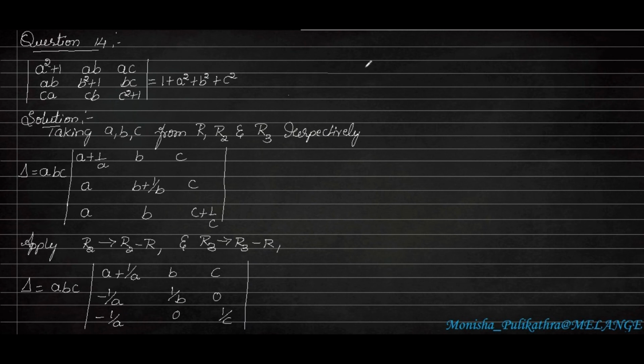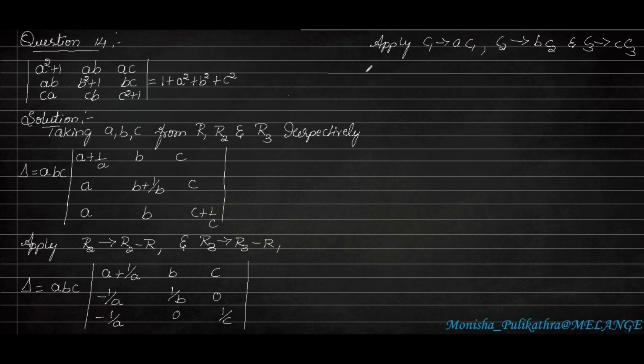After this I will be applying one more rule here. So apply C1 to a into C1, C2 to b into C2 and C3 to c into C3. So I will be multiplying a to column 1, b to column 2 and c to column 3.